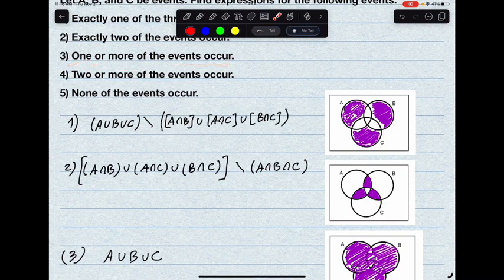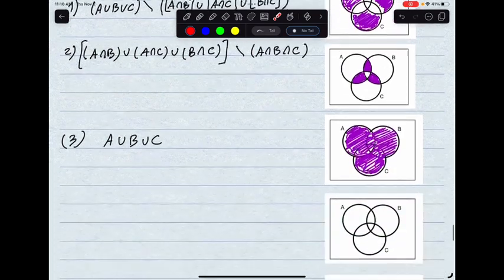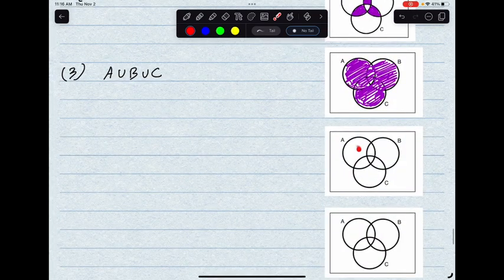Okay, so the fourth part of the question is two or more. Here we're not looking for the parts where exactly one occurs. What we're looking for is two or more events occur. Now you can see here, this part is where exactly and only A occurs. Here is exactly only B, here is exactly C. Where A, B, and C, at least two of them occur, two or more is this part.